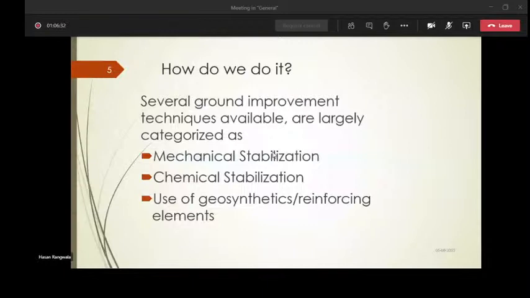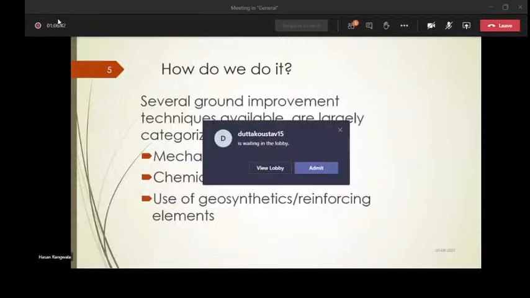What is mechanical stabilization? It is basically to improve the properties by compaction, by compacting the soil, or increasing the internal friction angle of the soil.